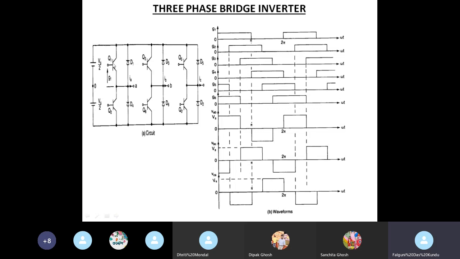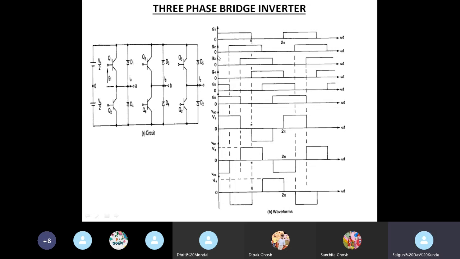This is Q1, Q3, Q5, Q2, Q6, Q4. This must be Q4. And we apply the gating signal G1 at Q1, G2 at Q3, and G3 at Q5. So here it is clearly seen that we apply G1 from initial condition.